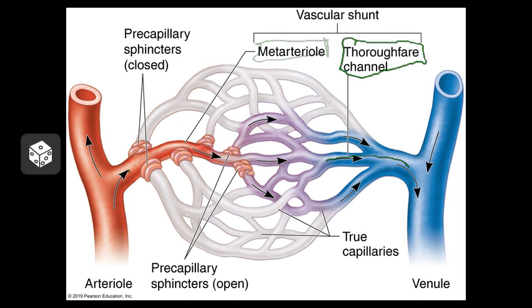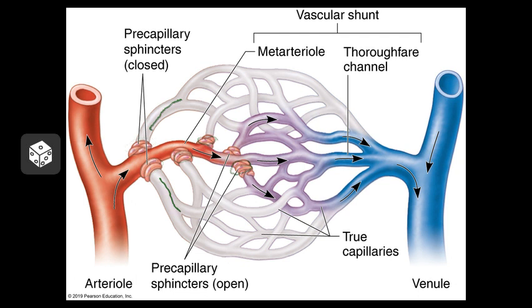Why would blood only go through the metarteriole and thoroughfare channel? Well, that would be caused by what we call precapillary sphincters that would close off the branches from the metarteriole.